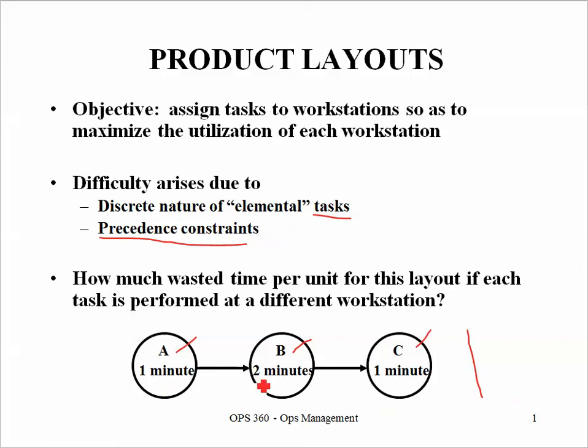It takes me a total of 4 minutes to do the work needed to make 1 unit, but each unit that comes off the line spends 2 minutes here, 2 minutes here, and 2 minutes here. The 2 minutes here are all work. Of the 2 minutes here, only 1 minute is work, and of the 2 minutes here, only 1 minute is work. So every unit off the line has spent 6 minutes on the line, but 2 of those 6 minutes have been wasted, basically, in idle time.